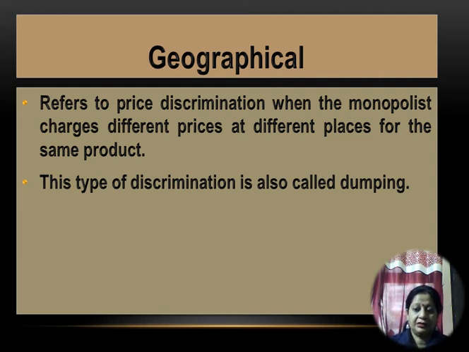In some packets of milk also there is a price tag saying that here it is this much, and if you purchase in a hilly area, the price tag is that much. So that is known as geographical price discrimination under monopoly.